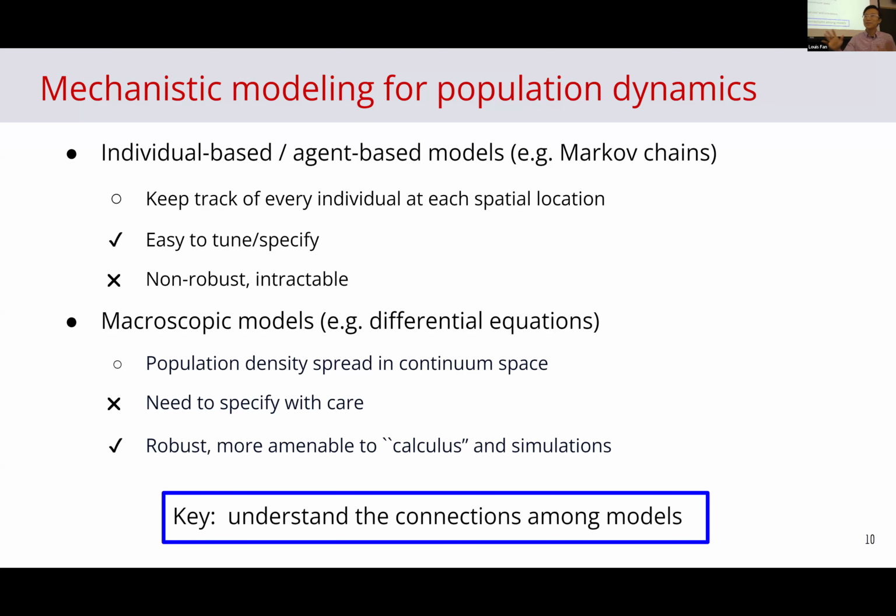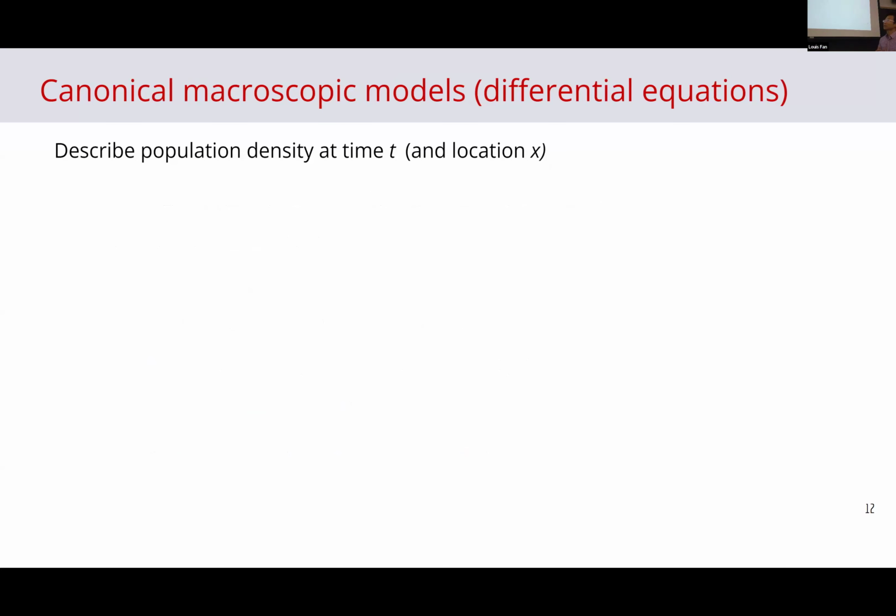And of course, there are many other modeling approaches like hybrid approaches and multi-scale approaches. But the key is to understand the connection among different models. And this is part of the theoretical application of this talk.